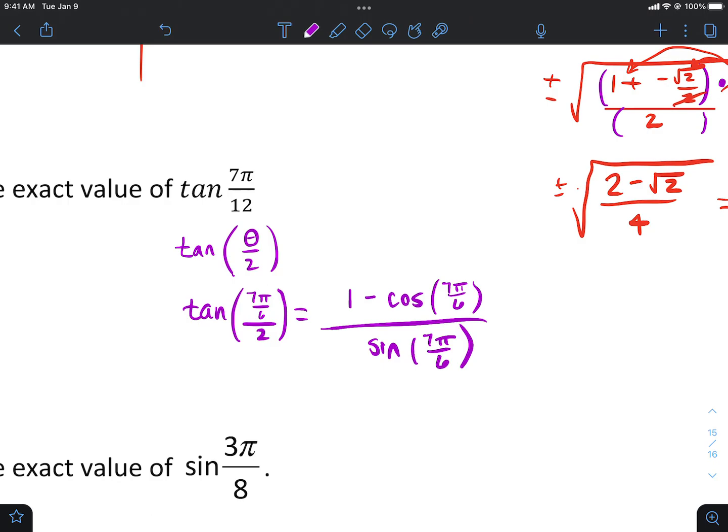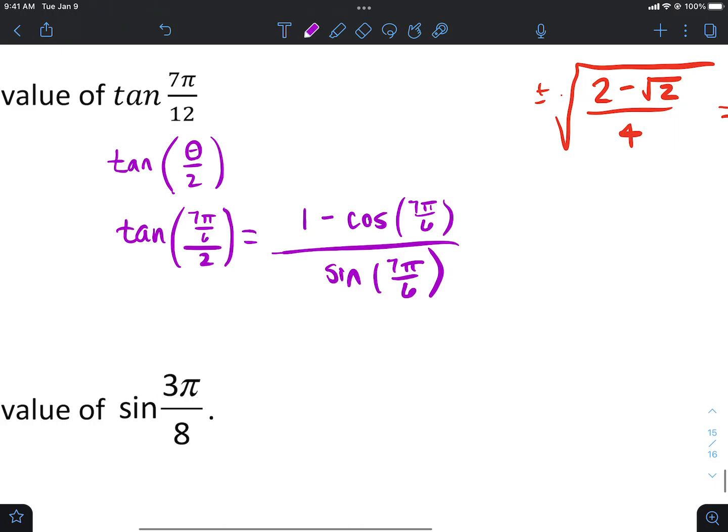So then if we start looking here at our unit circle, cosine of 7 pi over 6 there, I believe that's going to be negative root 2, or I'm sorry, root 3 over 2. And you're going to have a double negative going on, so we'll eventually change that numerator to addition. And then down in the denominator, we'll do sine of 7 pi over 6 right there. And that is also going to be negative, so that'll be negative 1/2.